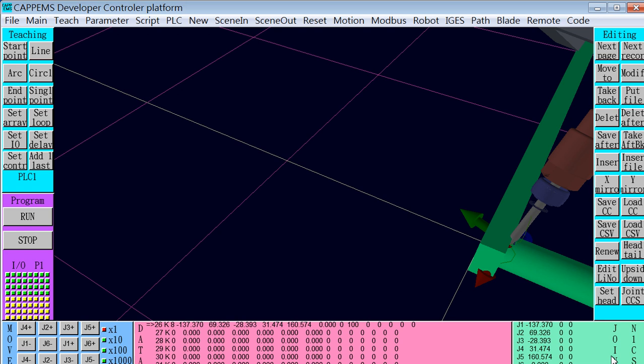The first, we have to change to the Cartesian coordinate system and move the speeds to the fastest.